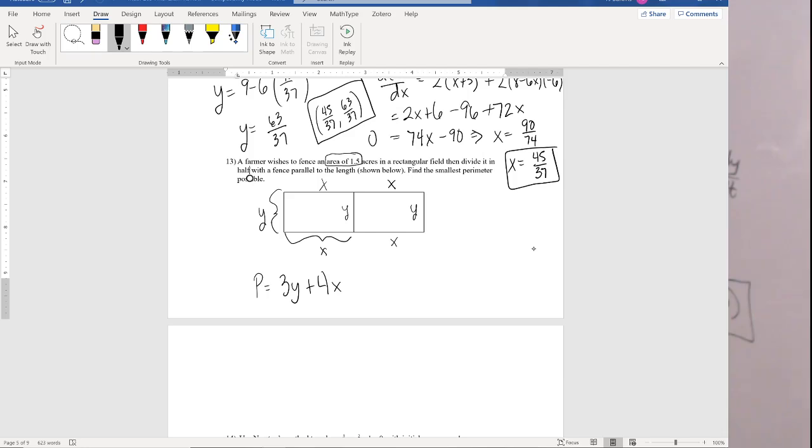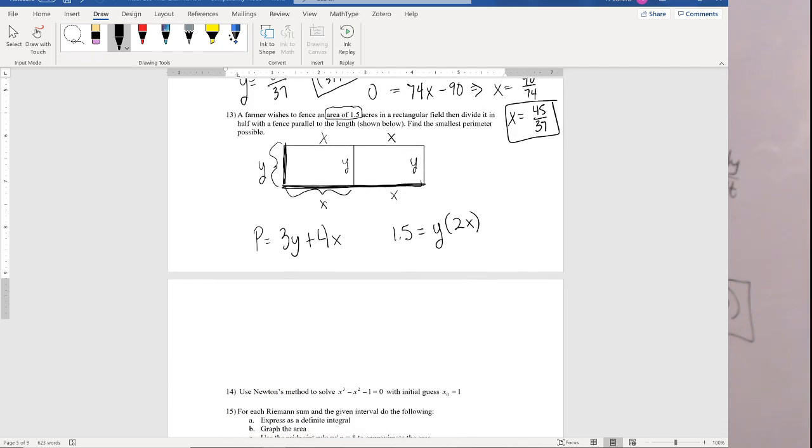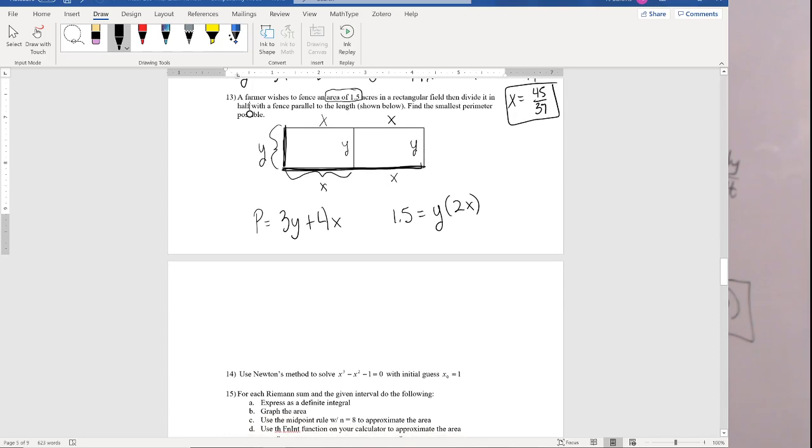So that would be this distance times this distance. So the area, which is 1.5, is equal to y times 2x. So you would then solve this equation for one of the variables and substitute it into the perimeter.